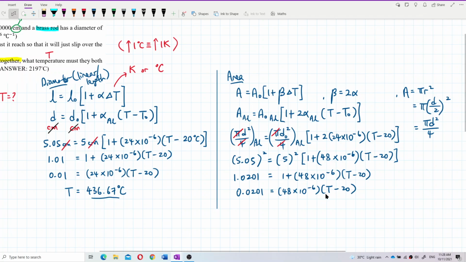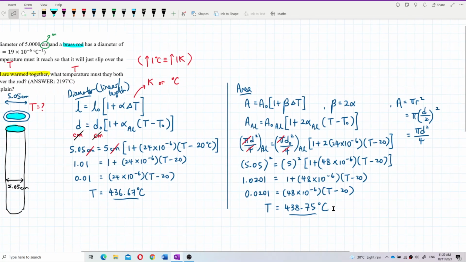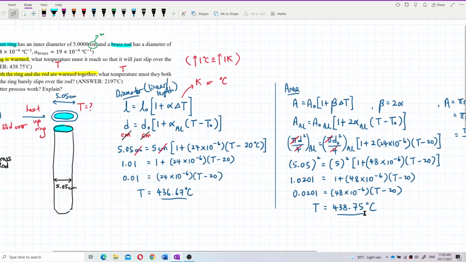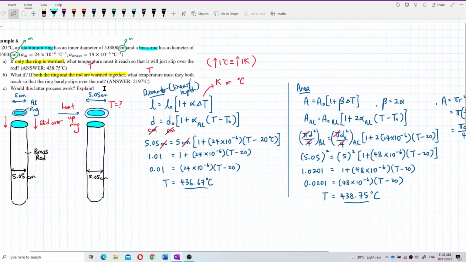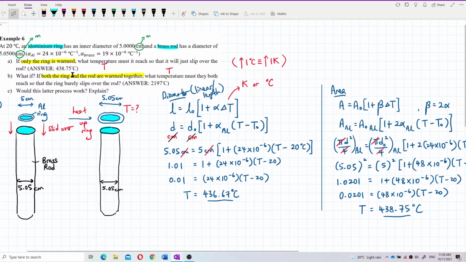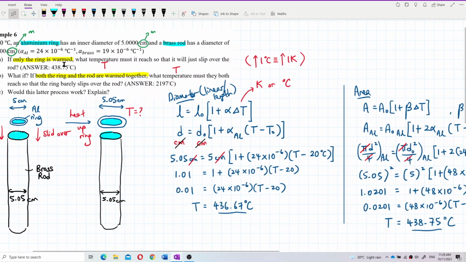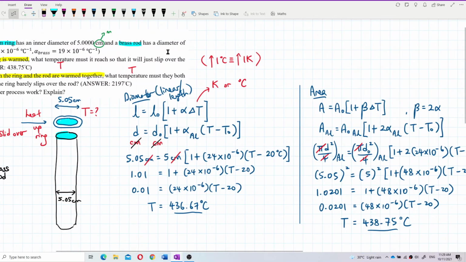I got the temperature equal to 438.75 degrees Celsius. Let's check the answer. Yeah, the real answer is 438.75. See that? This is correct. Okay, I finally got the correct temperature.